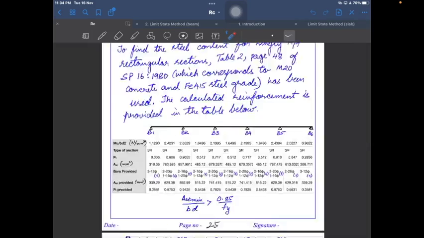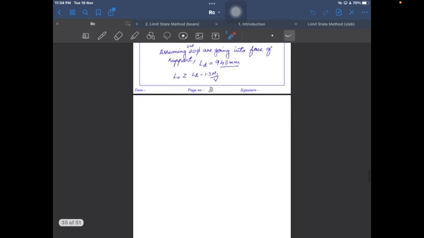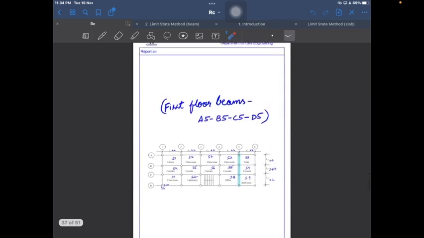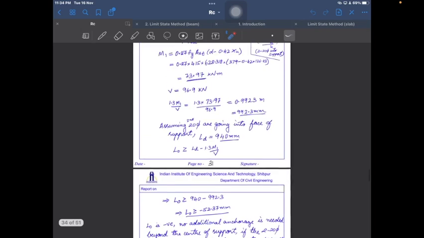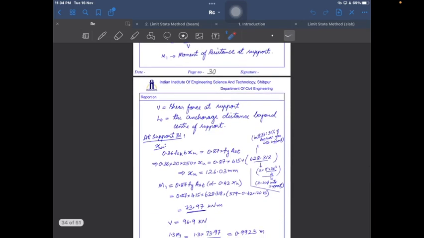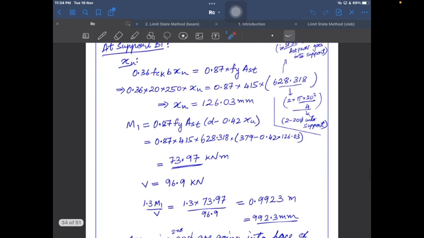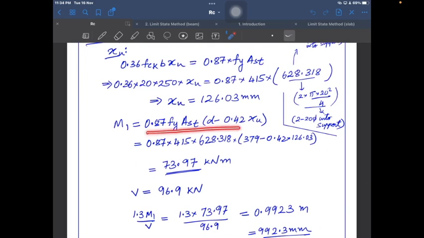So now comes this end anchorage thing. I'm sending 2 20 dia bars into the support. Based on that I have my AST. Based on AST I calculated my XU, and based on XU I have my M1.